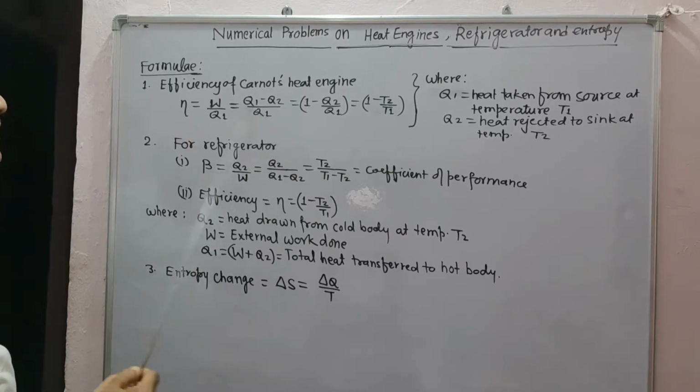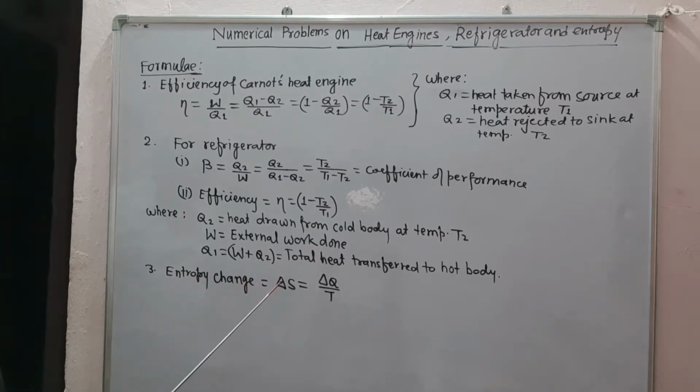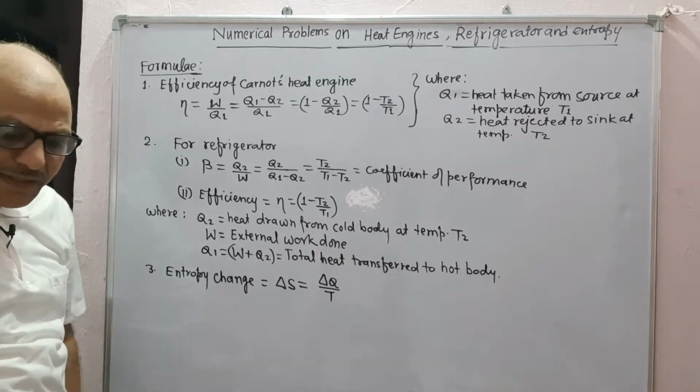One thing that is to be remembered, that refrigerator is also a heat engine which works in reverse direction. Next, entropy change is denoted by delta S, which is the ratio of heat change delta Q to the constant temperature.